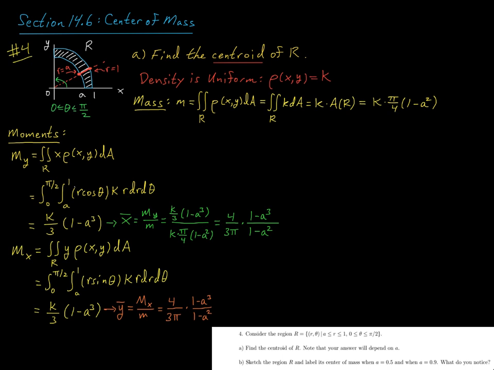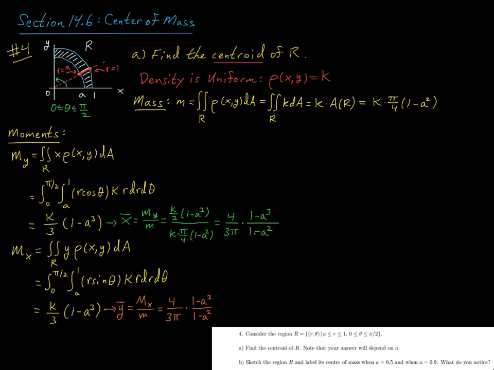Computing that integral, you'll get k over 3 times the quantity 1 minus a cubed. The x-coordinate of the center of mass, x bar, would be this y moment divided by the mass. Dividing by the mass we computed up here, you get 4 over 3 pi times the quantity 1 minus a cubed, all over 1 minus a squared.